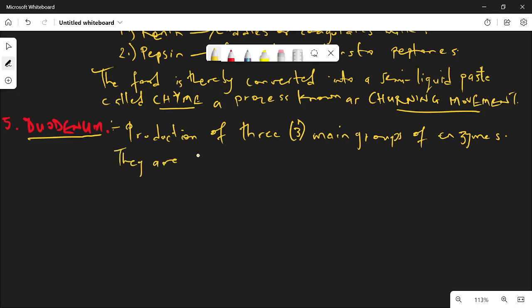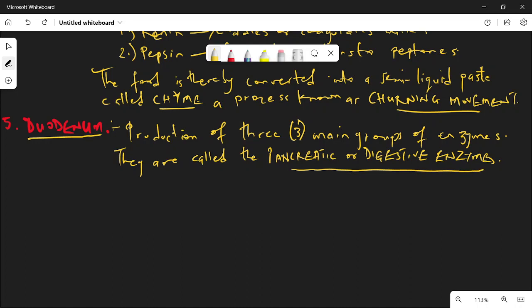They are called the pancreatic or digestive enzymes.